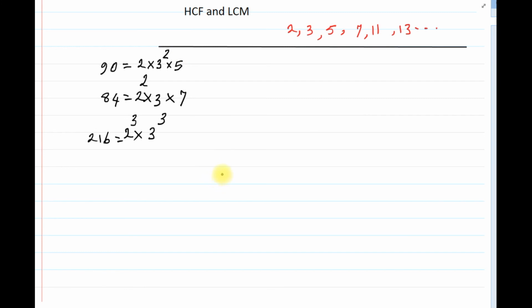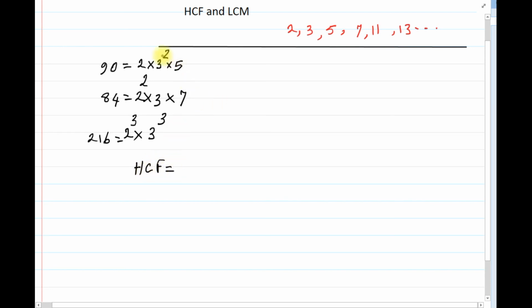Okay, here I have now written 90, 84, and 216 as their prime factors. So to find the HCF, we look at the common factors. 2 is common between the 3 numbers.